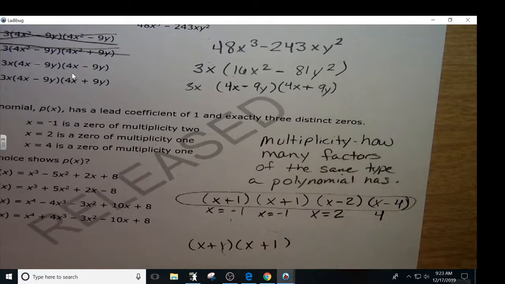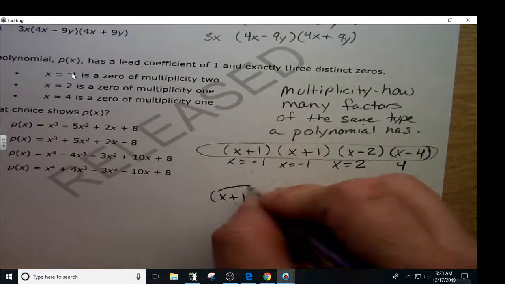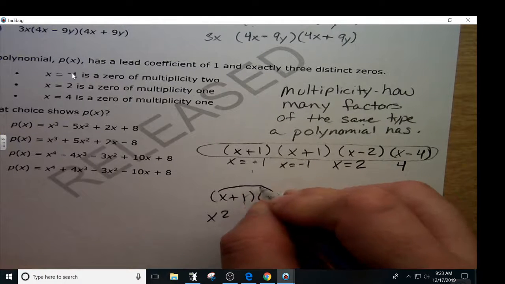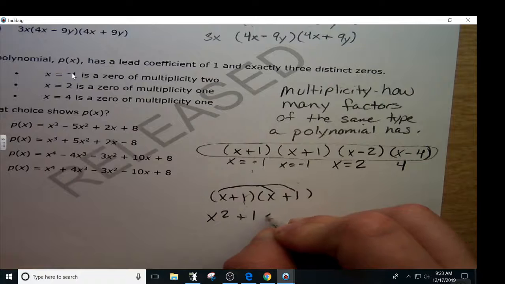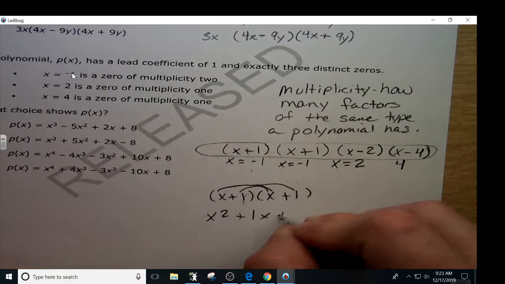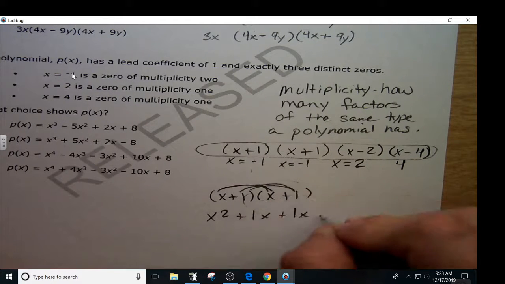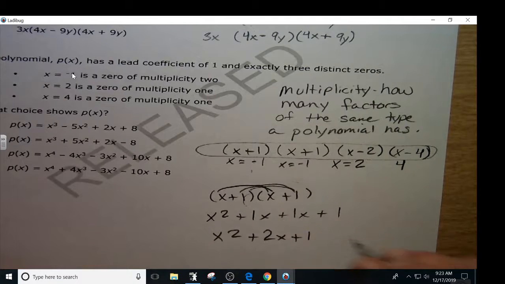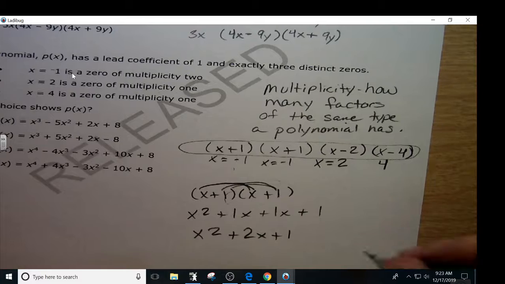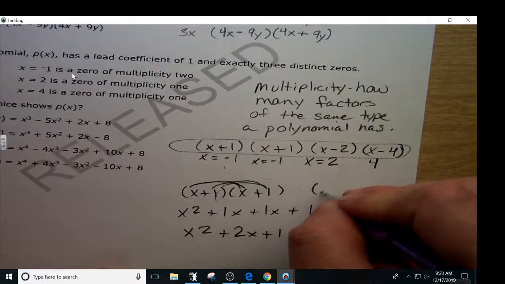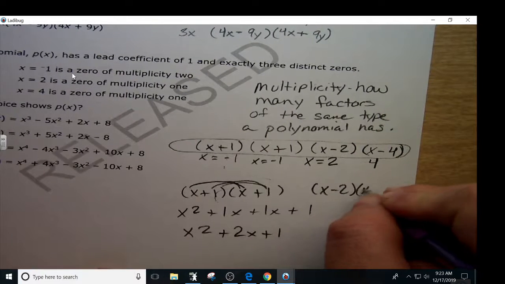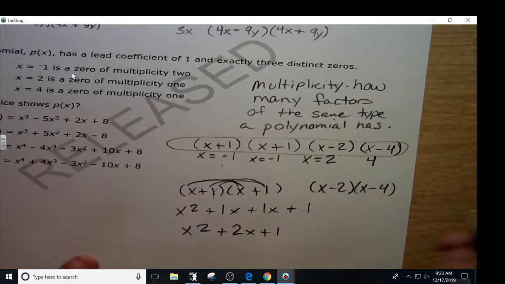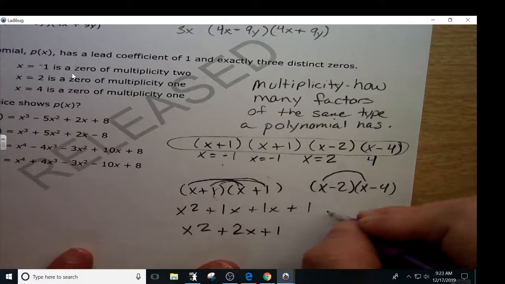If I multiply that, that's x squared plus 1x plus 1x plus 1. So that's going to be x squared plus 2x plus 1. Now, if I take this one, that's going to be x minus 2, x minus 4. If I multiply that, that's going to be x squared.